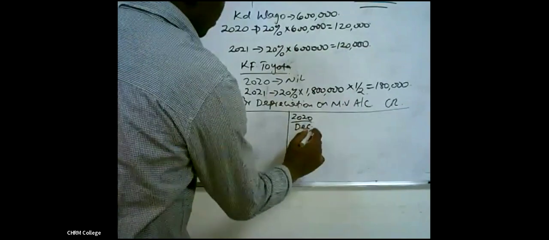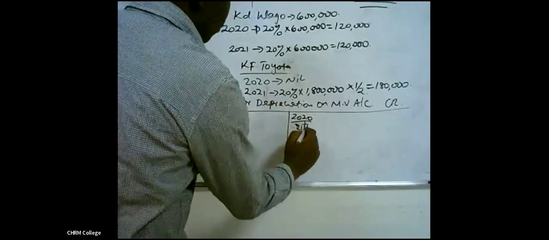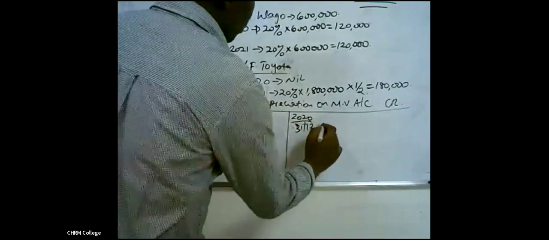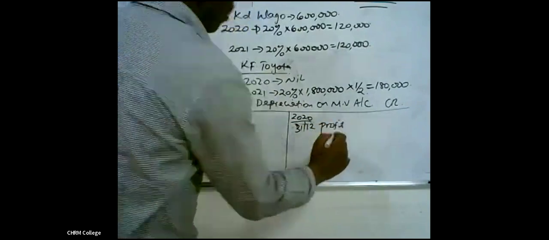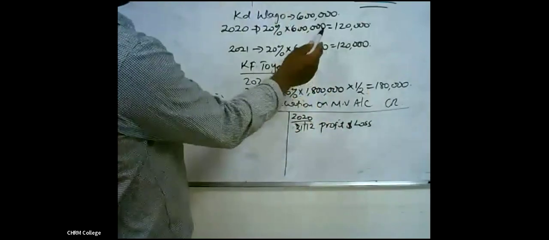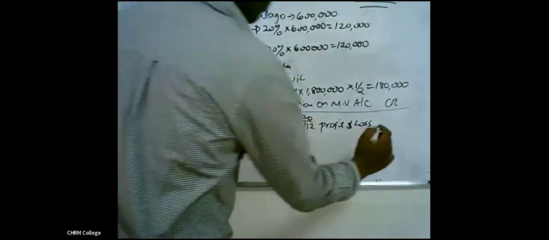Depreciation is calculated at the end of the year, 31st of December. Right here, that depreciation will make it to the profit and loss. It is taken to the profit and loss account as an expense. So in the year 2020, we only had this depreciation, 120,000.